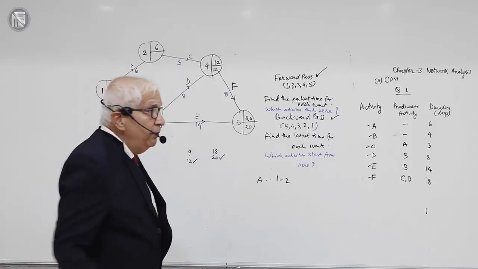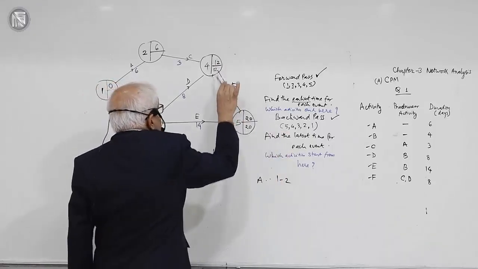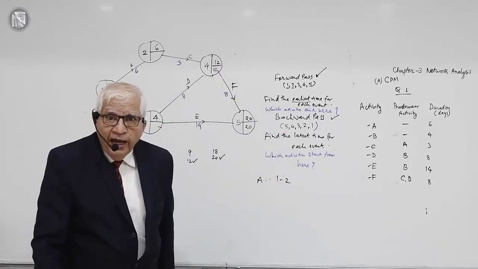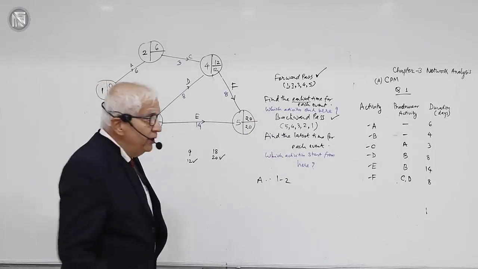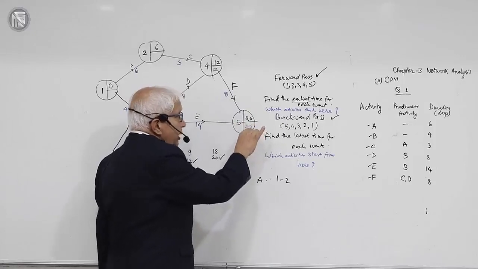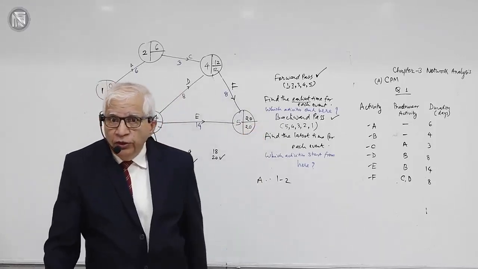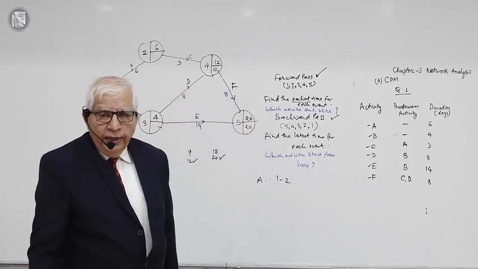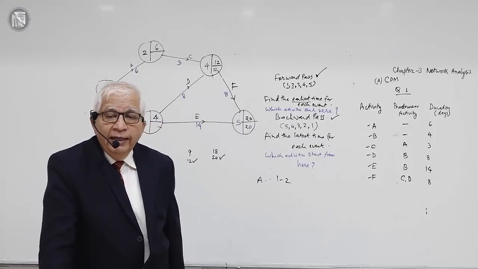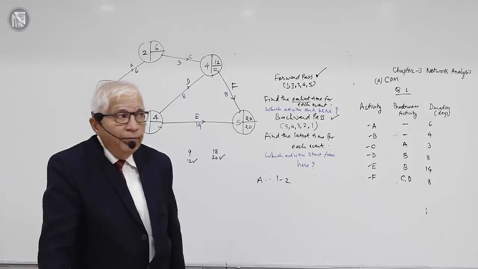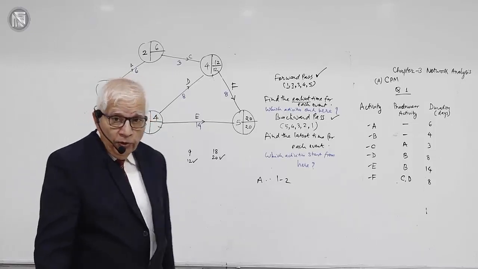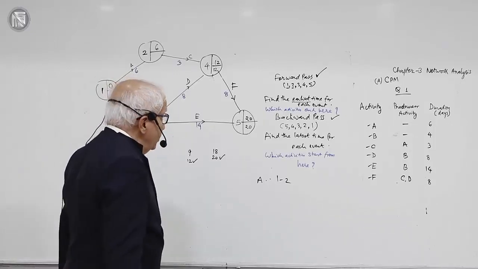It should not happen after time 12. If it happens after time 12, suppose it happens at time 13, then 13 plus 8 will become 21. That means the project will be delayed. So without delaying the project, event number 4 must happen by time 12. Okay. At 4, the calculations are done.